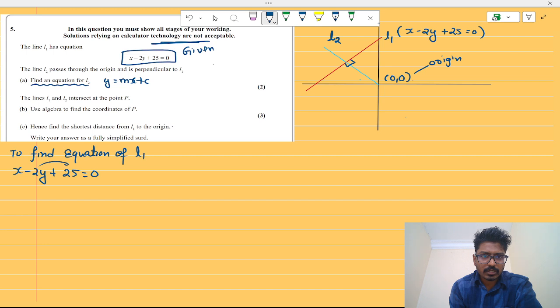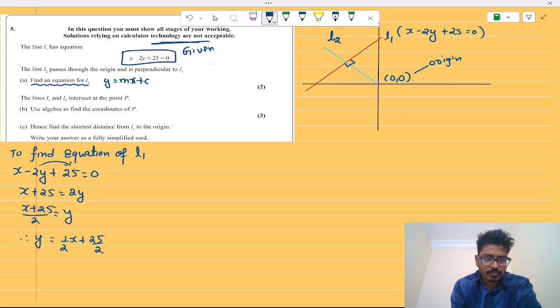I'll take 2y to the other side, so x plus 25 equals 2y, and then x plus 25 over 2 equals y. Therefore y equals 1 over 2 x plus 25 upon 2, which will be our equation of line L1.